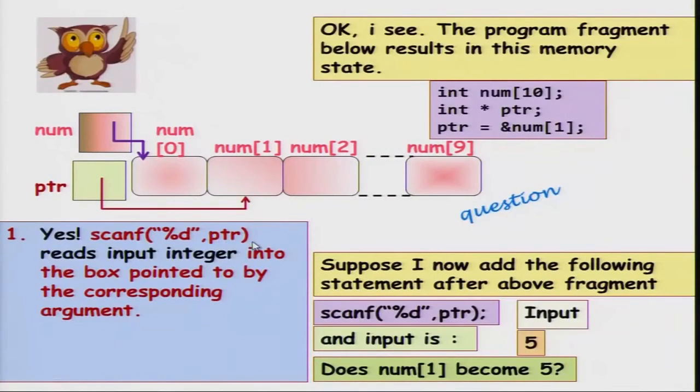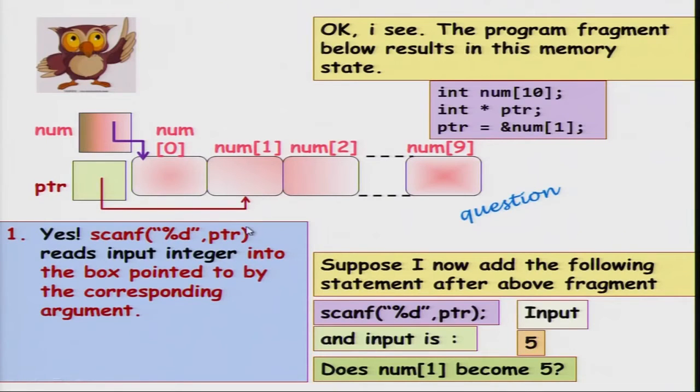For example, if I have a float variable and I scanf as %f and then the address of a float variable, it is done similar to reading an integer into an integer variable. What scanf takes is an address of an int variable or float variable, as it may be. If you have a %d, then it takes a pointer to an integer variable and takes the input value by the user and puts it into that address.